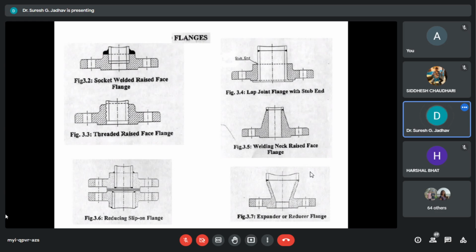First one is socket welded raised face flange. Next is threaded raised face flange, reducing slip on flange, lap joint flange with stub end, and welding neck raised face flange. And next is expander or reducer flange.